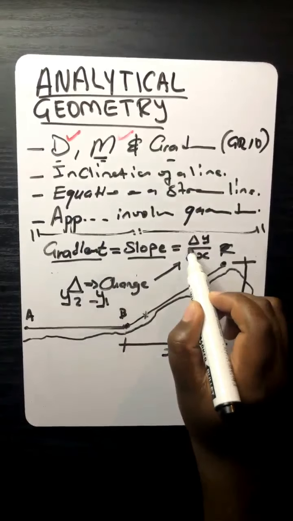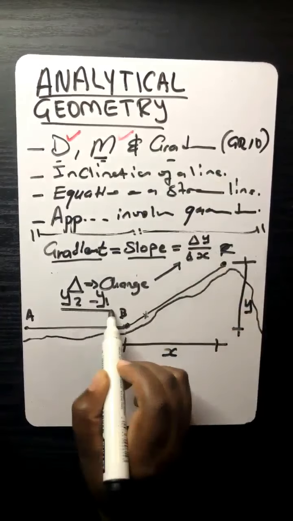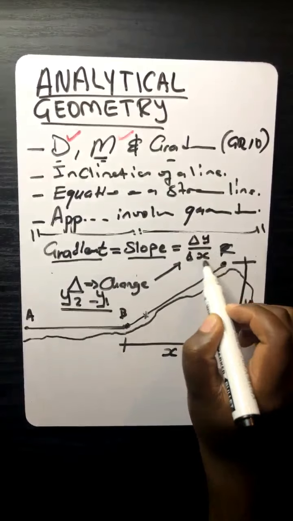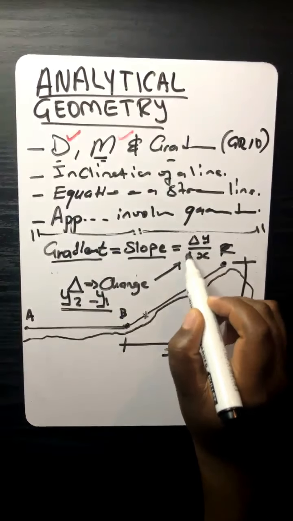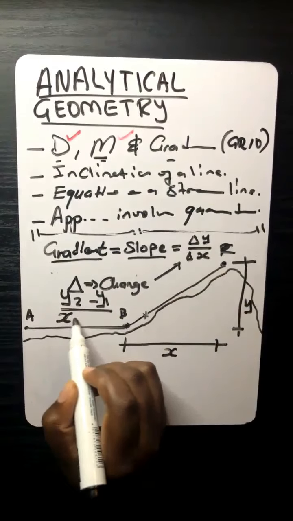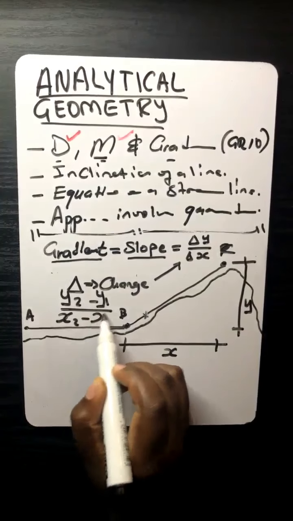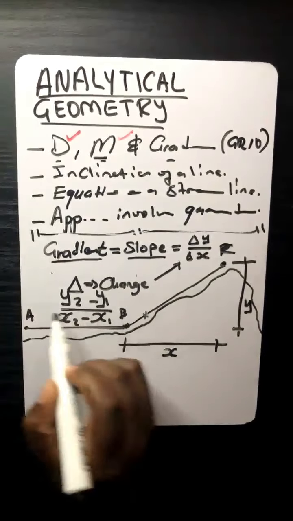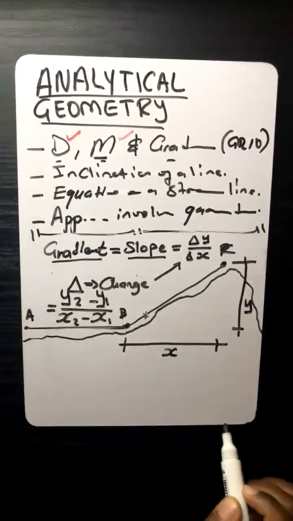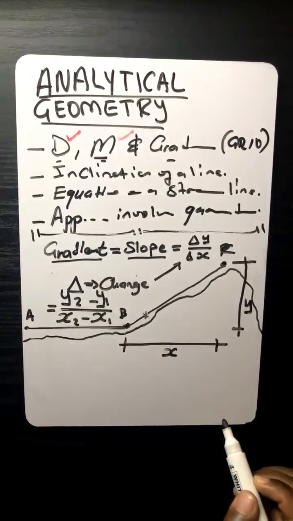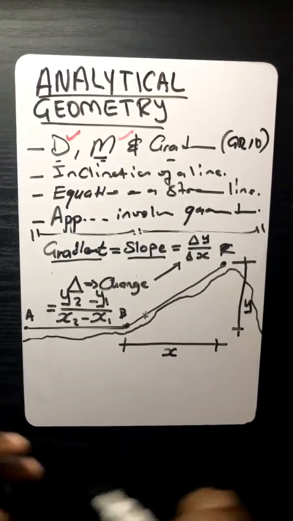Can you see we've got a fraction there? So this is that fraction. The whatever there is x. Because of change, it means x2 minus x1, which means this is therefore the formula for calculating the slope or the direction.